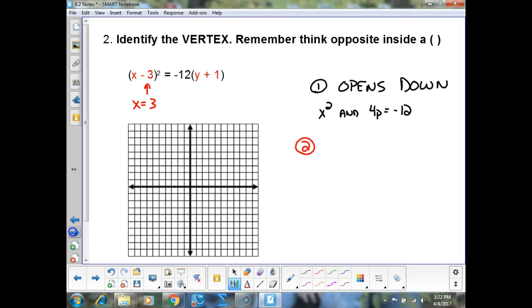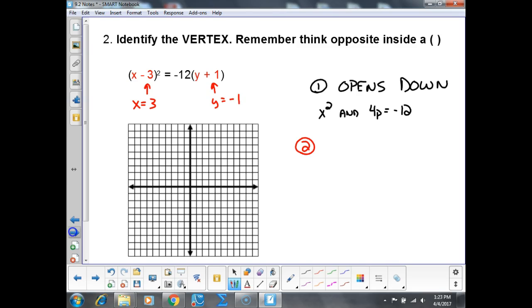So that one's inside parentheses. What about the y? It's also in parentheses, so we also have to think oppositely. So I'm not thinking positive 1 there. I'm thinking negative 1.